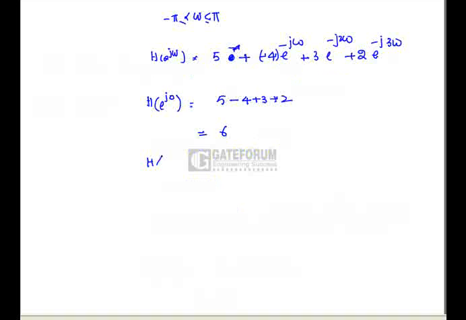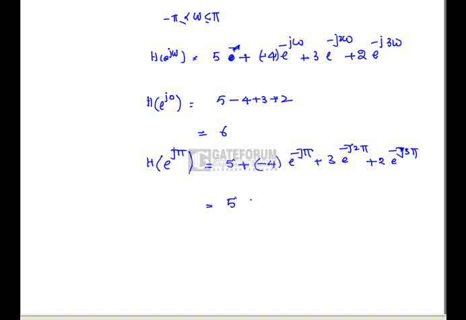If we check at the highest frequency, that is j pi, 5 plus minus 4 e power minus j pi plus 3 e power minus j2 pi plus 2 e power minus j3 pi. Here e power j pi is minus 1, hence it is 5 plus 4. e power j2 pi is plus 1, this is plus 3. e power j3 pi is minus 1, it is minus 2.